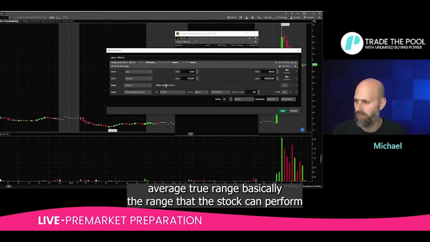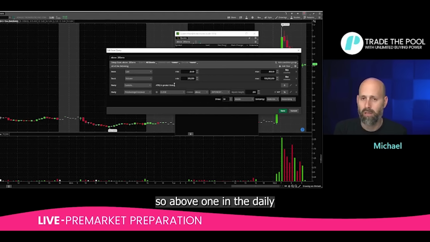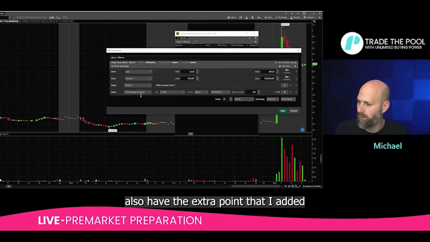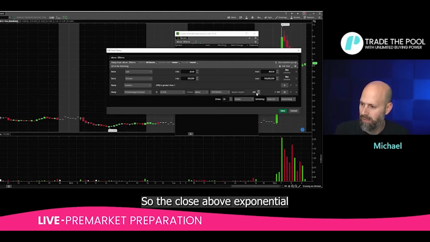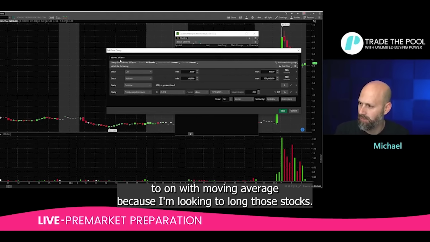ATR is average true range, basically the range that the stock can perform, so above 1 in the daily. We also have the extra parameter that I added regarding the 200 EMA moving average: the close above the exponential 200 moving average, because I'm looking to long those stocks.